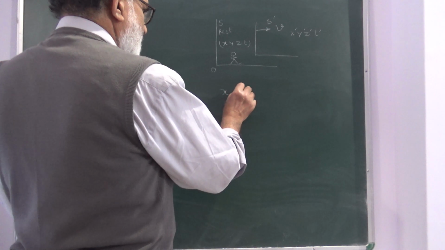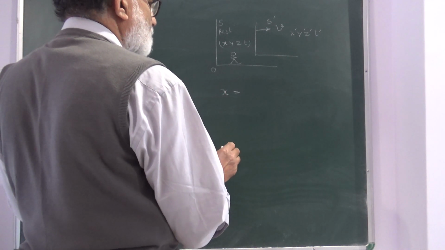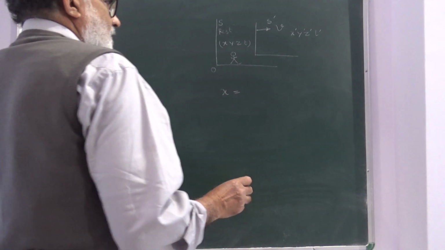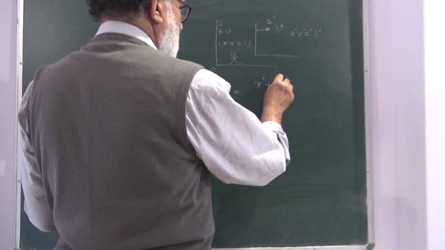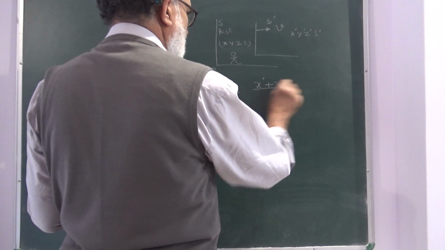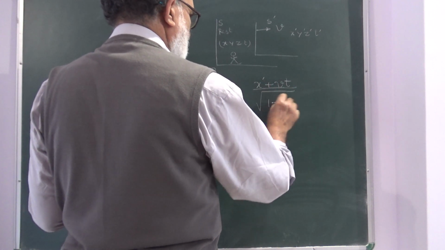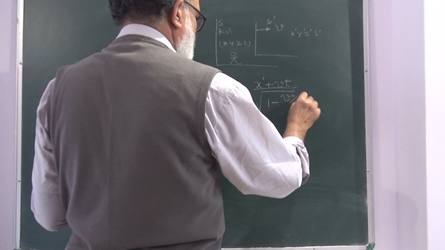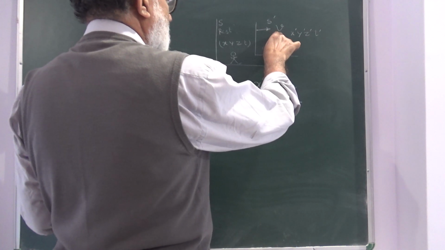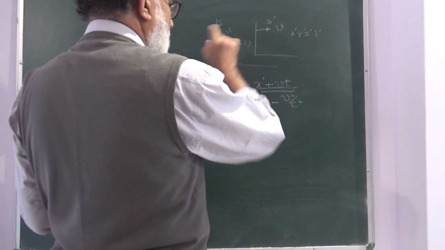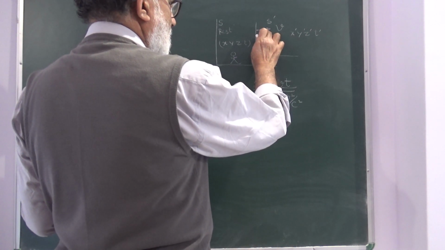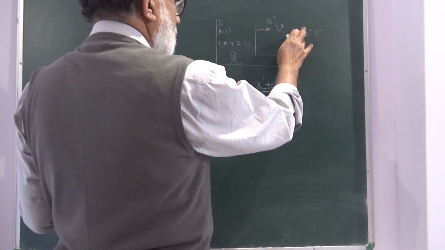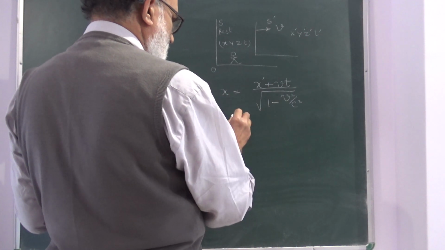That is, x is equal to (x dash plus vt dash) divided by the square root of 1 minus v square by c square, where v is the speed of this reference frame relative to this one. Since the motion is along the x-axis, the y and z components are the same.